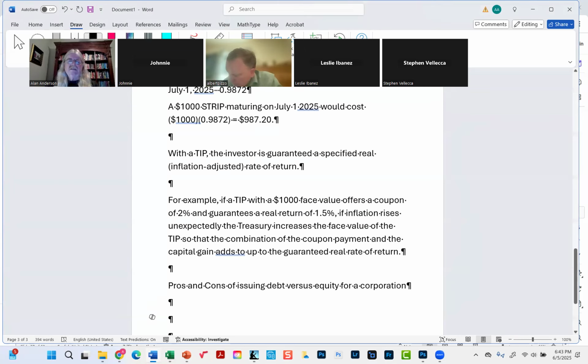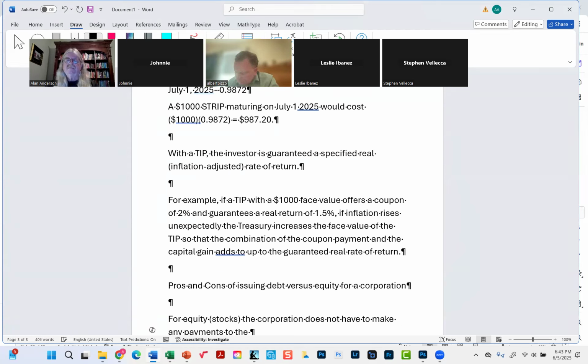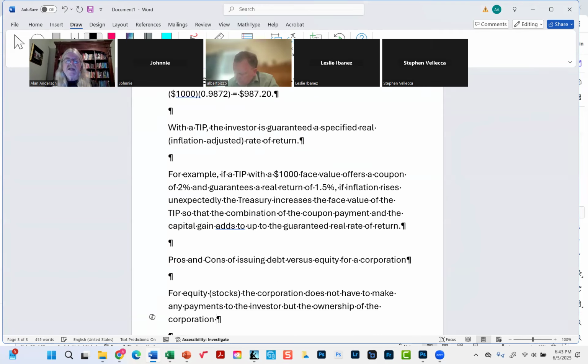All right, so let's see. For equity, which means stocks, the corporation does not have to make any payments to the investor, but the ownership is now spread out among a larger number of owners because the shareholders are owners.